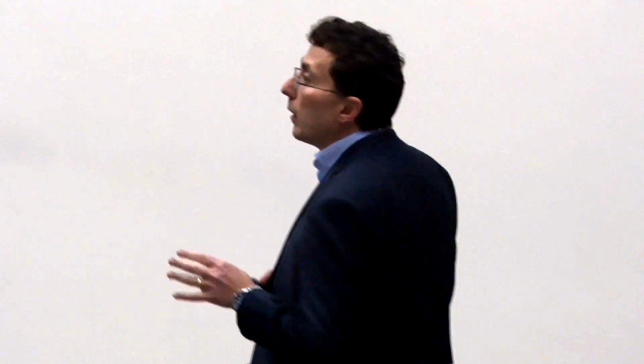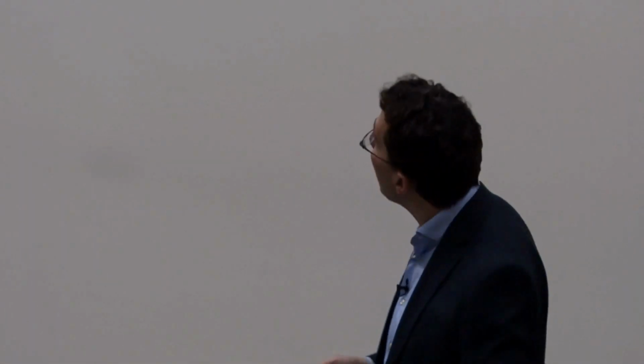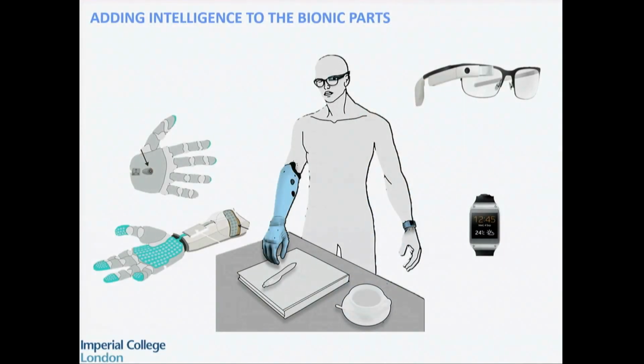One of the research lines is to add more intelligence into this robotic system, in addition to the brain of the patient. So we can make use of a lot of smart technology nowadays.